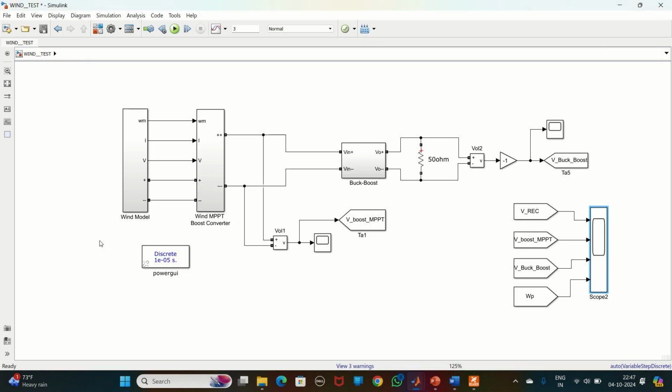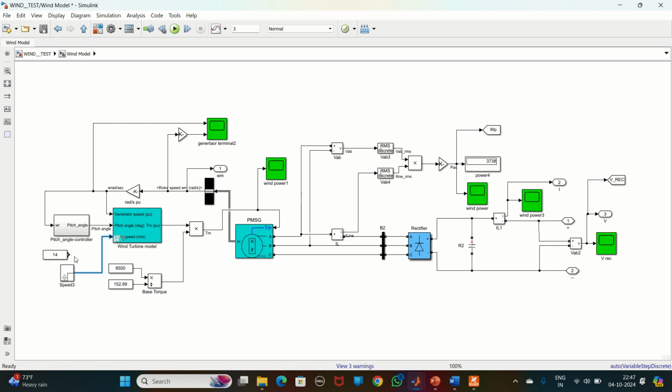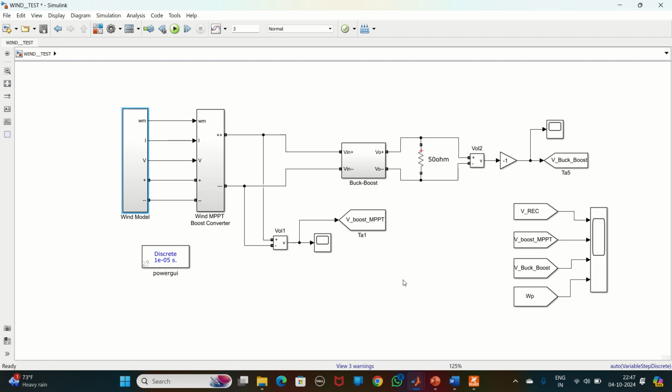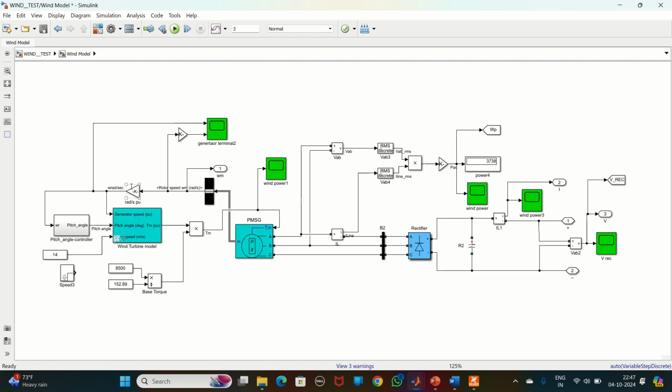So better you use this one only. Currently these parameters have been designed only for 14 meters per second. Actually we can design this PID controller, but currently I don't want to change all these values because it is a small experimentation, just for your knowledge, and I don't want to make it complicated. So this is sufficient. You need not confuse anything.